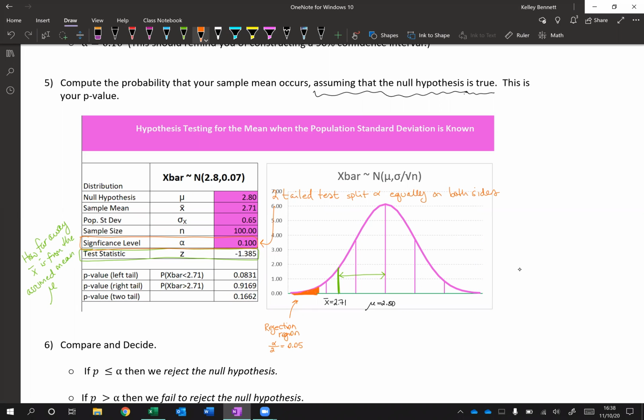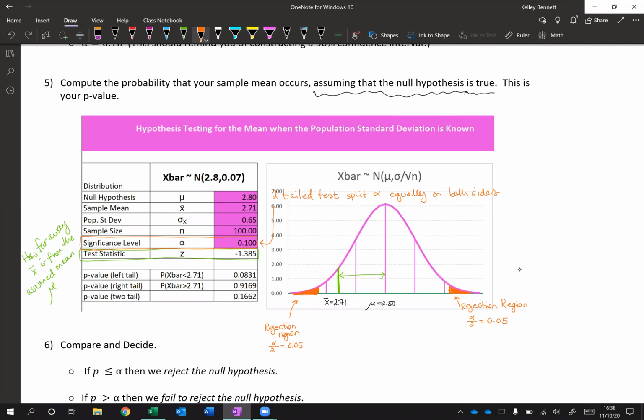And then I'm also going to have that same, equal rejection region on the right side, in the right tail. And so 0.05 is also the area of this right tail.